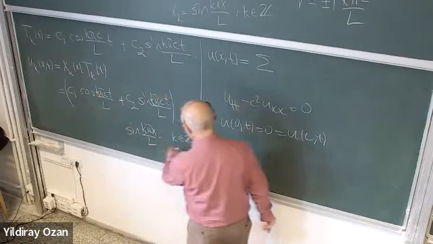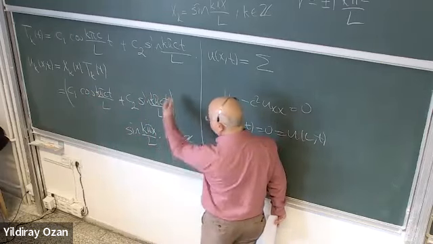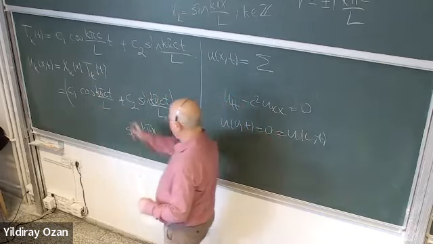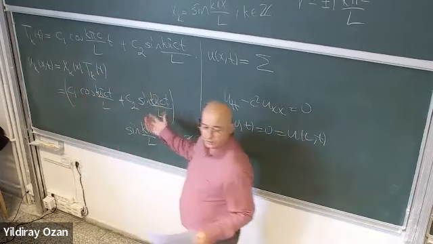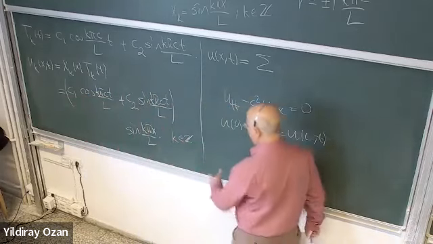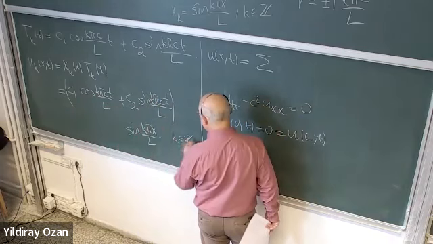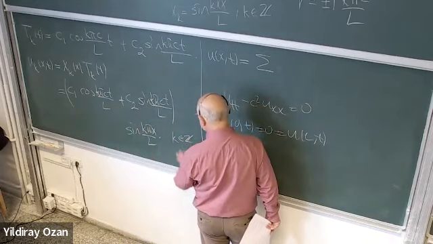Therefore, for positive and negative values, you get basically the same functions, because we have arbitrary coefficients in front of them anyway. So I don't have to consider negative values.